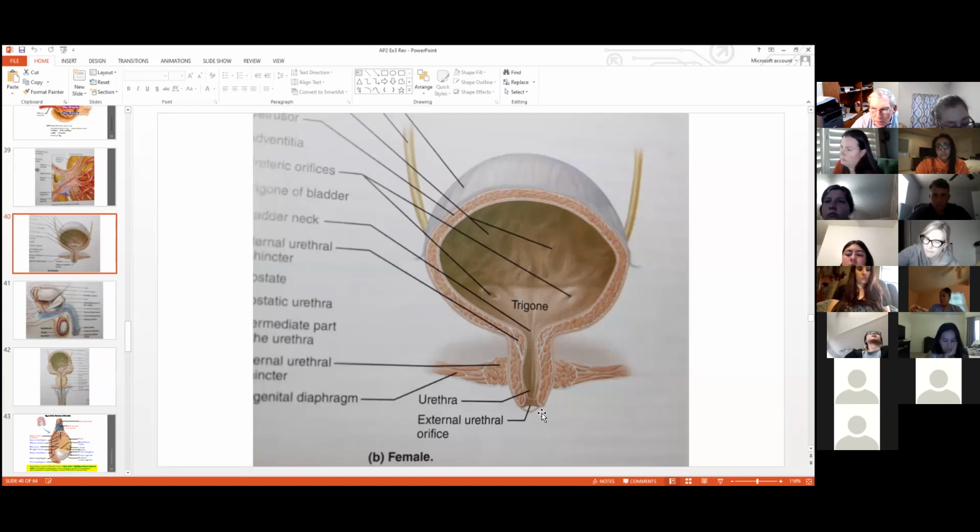Okay, thank you. Jordan? That was kind of my question. The pelvis drains through the ureter, and then what? The ureter just connects to the bladder? Okay. Then the bladder drains through the urethra. Everybody okay?